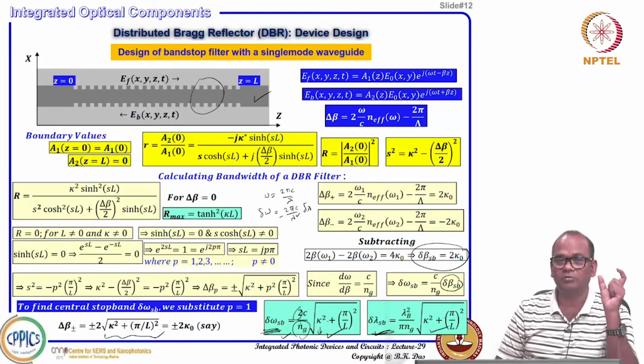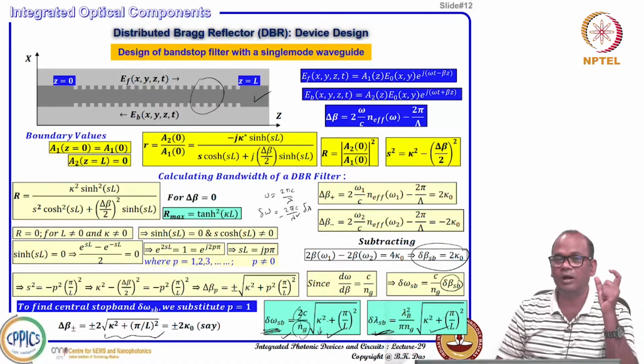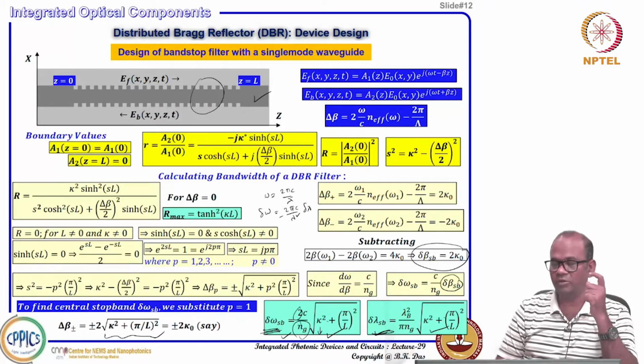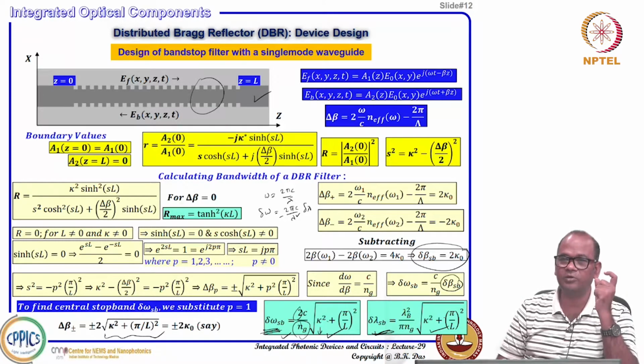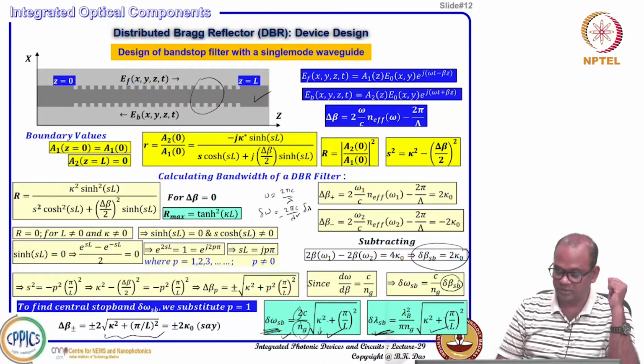So, you can control your stop bandwidth, how much bandwidth you want to reflect and do not want to transmit through the waveguide. It can be a particular channel, an information channel you want to stop; with the carrier frequency or carrier wavelength known, you can actually design your DBR structure.